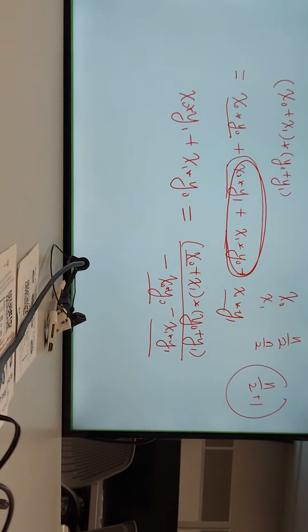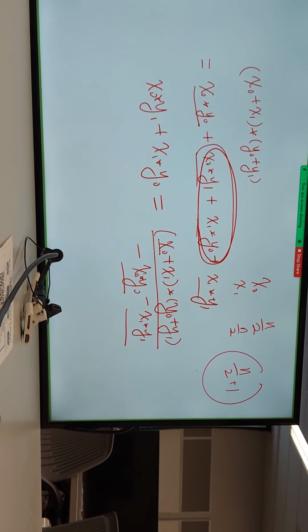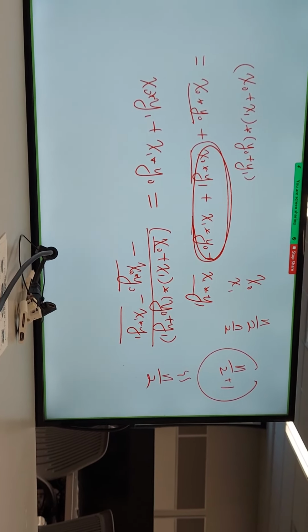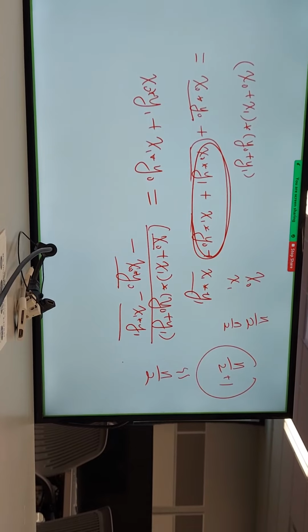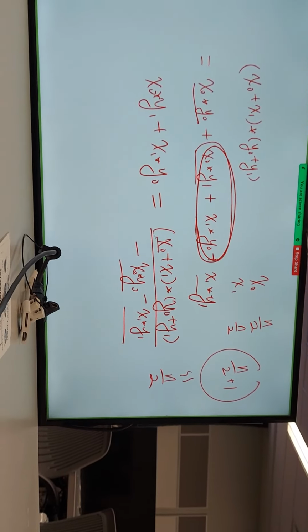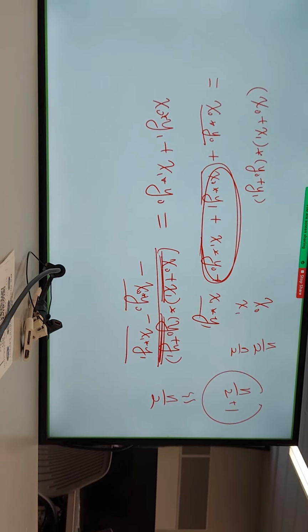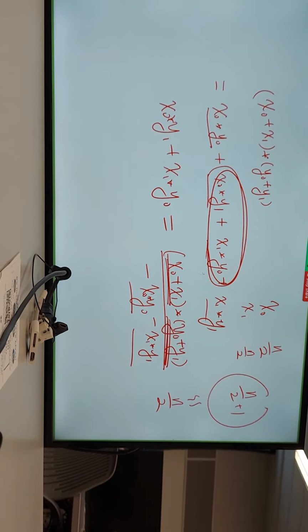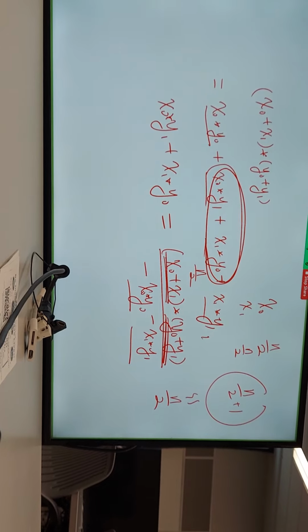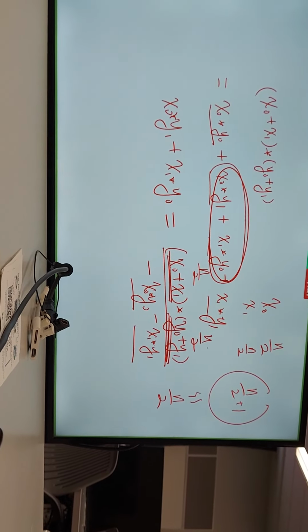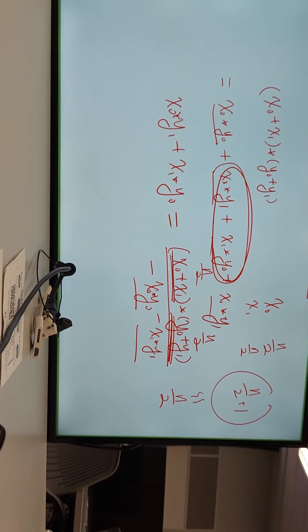When n is large, n over 2 plus 1 is almost the same as n over 2. So in this case, we will still have both operands being n over 2. This is again a subproblem with input size n over 2.